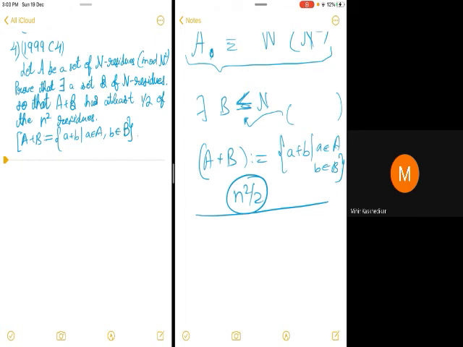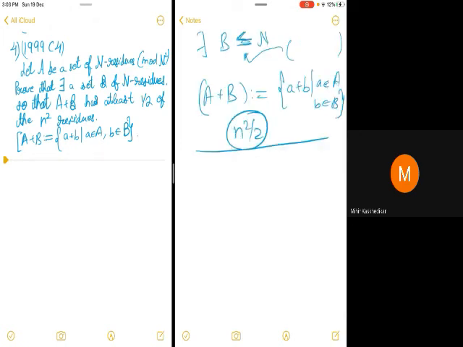Yes. Okay. So to prove that there exists such a B, what if we proved that the expected cardinality of A plus B, where we choose B uniformly, is greater than or equal to n squared by 2?